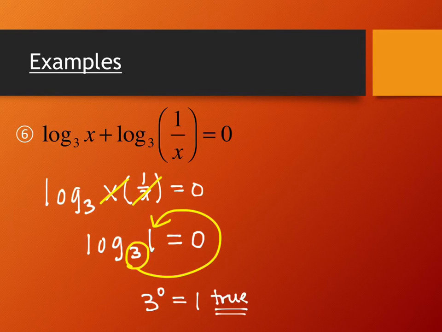So what that means is that all values work as long as they're values that are in the domain. So what x values are we allowed to have in this problem as it was originally given to us, inside of the logs? Got to have numbers greater than 0, right? So greater than 0 will work for both of these, yes?